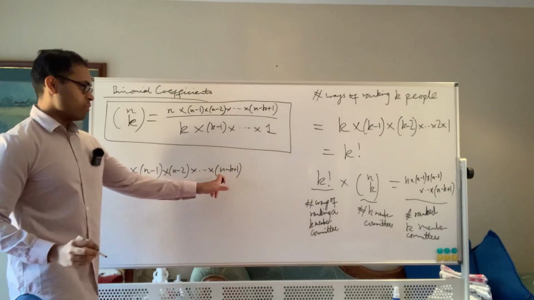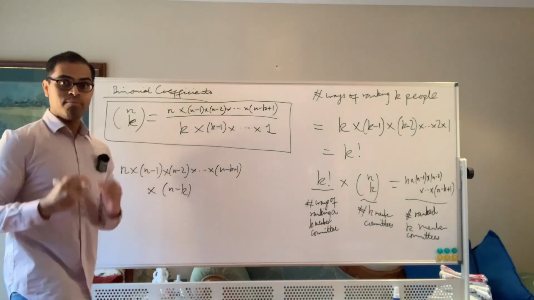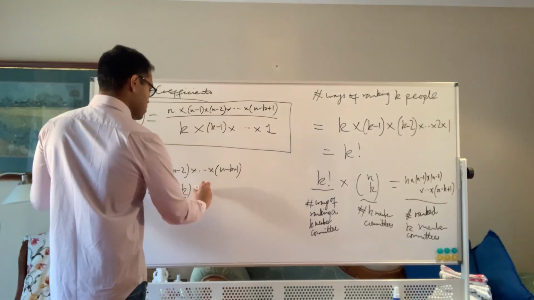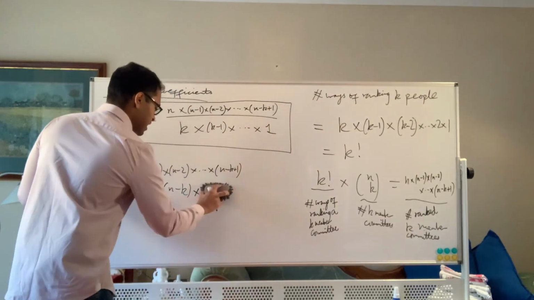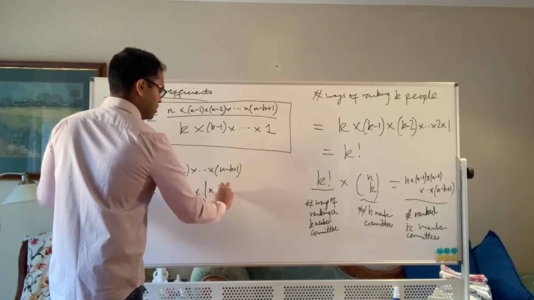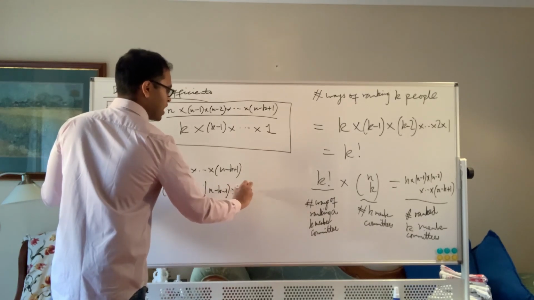That's the next number. Once you have n minus k plus 1, the number 1 below that is n minus k. And you keep on multiplying the numbers, n minus k minus 1, ... times 2 times 1.